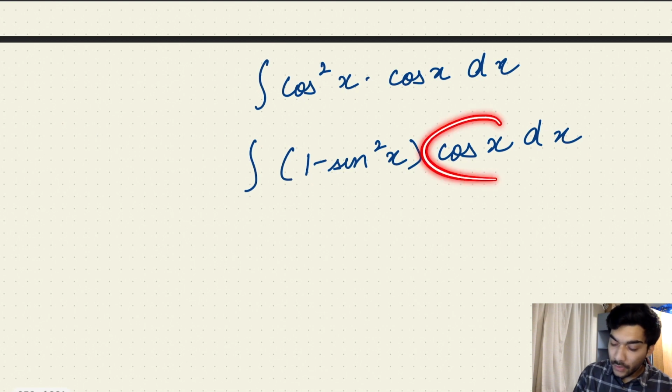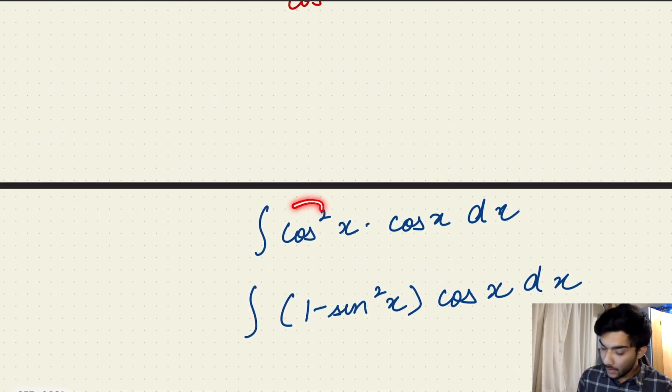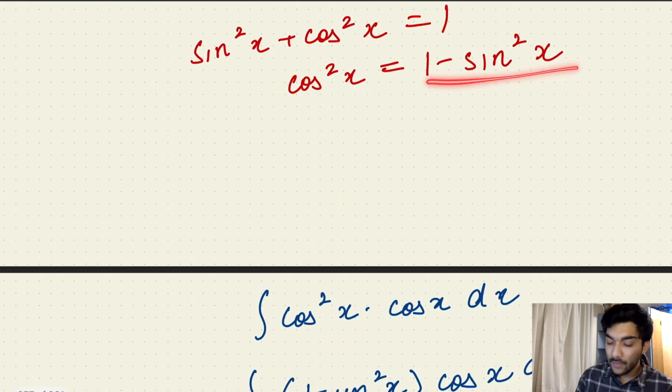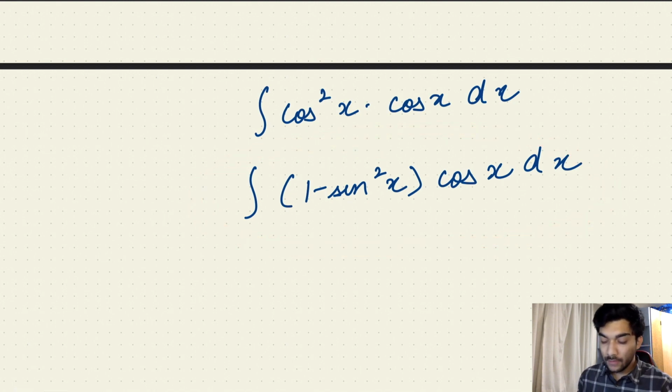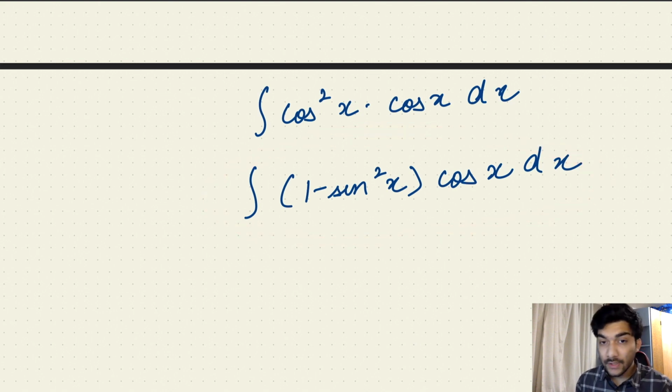So we will not do anything with this cos x dx term. Cos² is basically 1 minus sin², and now this is your manipulated indefinite integral, and you'll clearly realize that you can simply use substitution in this case, because you have a sin x component and you also have a cos x dx component.